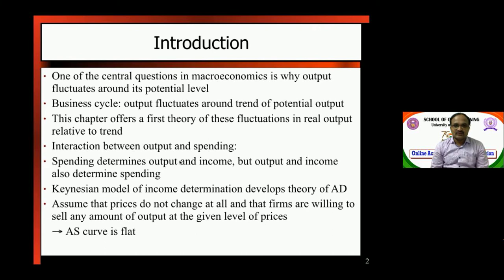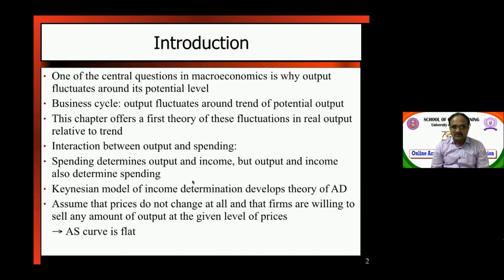First, we need to discuss the central question in macroeconomics: why output fluctuates around its potential level. Second, output fluctuates relative to the trend of potential output. So this entire chapter is about how real output fluctuates relative to trend.